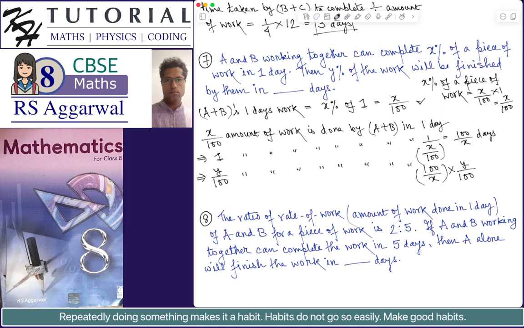So one amount of work is done in 100 by x days, then y by 100 amount of work will be done in 100 by x multiplied by y by 100, which is equal to y by x days. So the answer is y by x days.